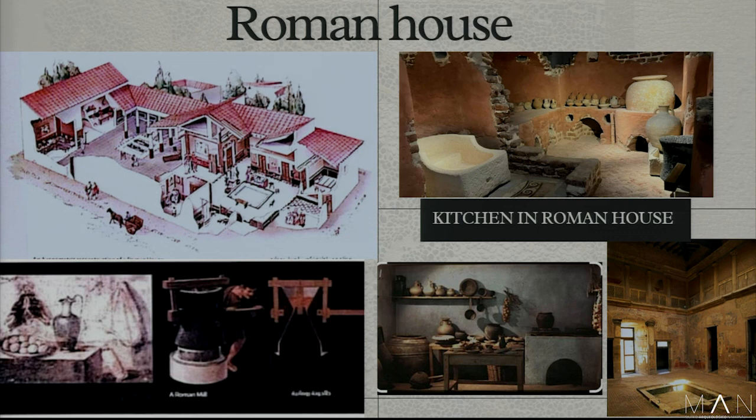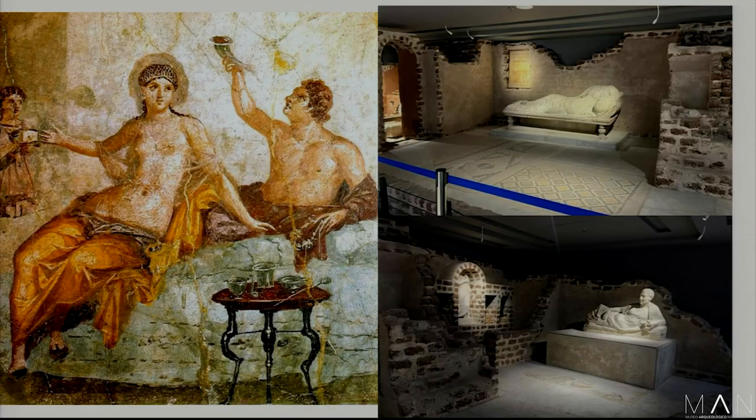The house consists of a kitchen, which includes stoves, some pottery jars used for cooking, storage, and so on. Also, we can see a part of a Roman meal. Then we can see a simulation of a bathroom which includes a basin for water purification.